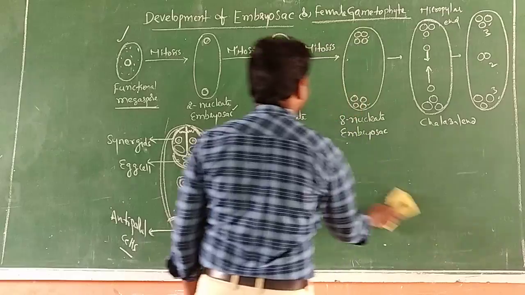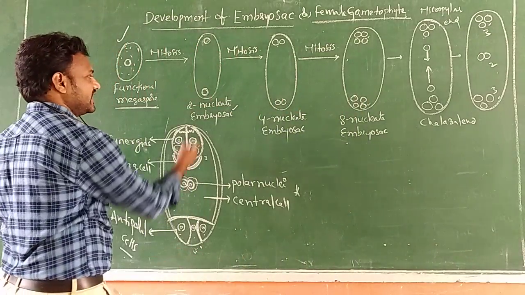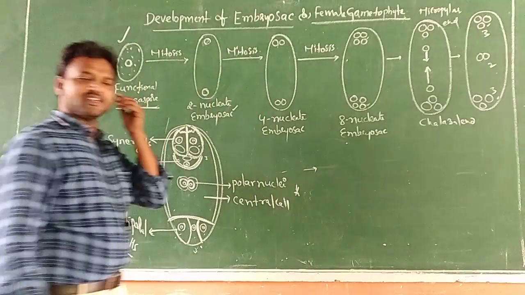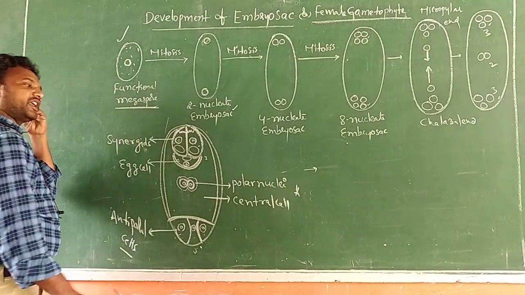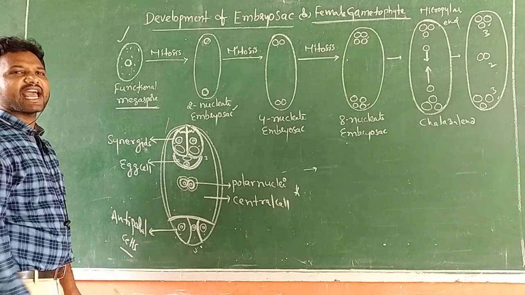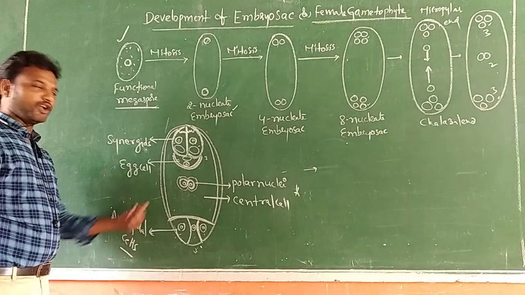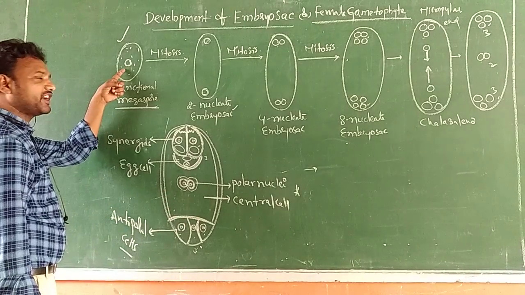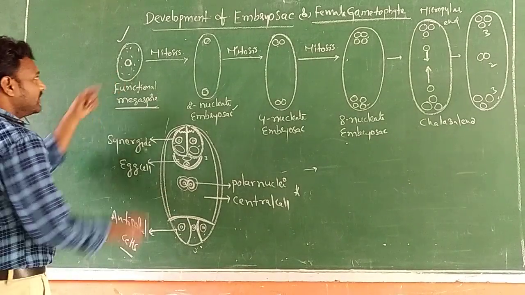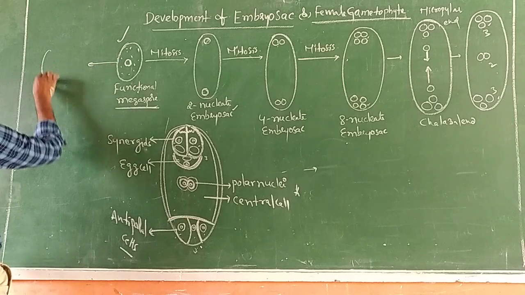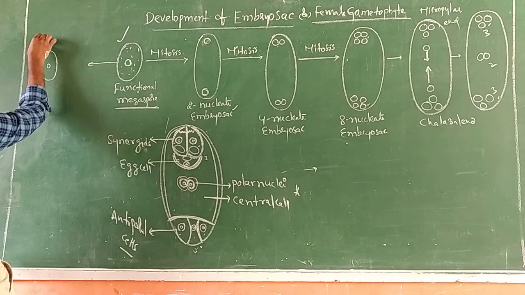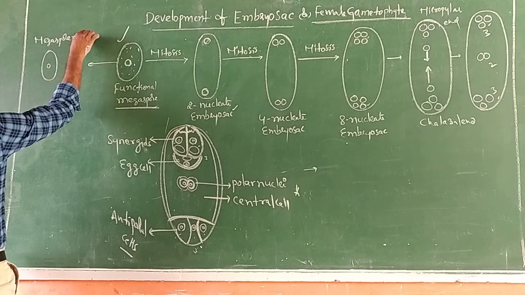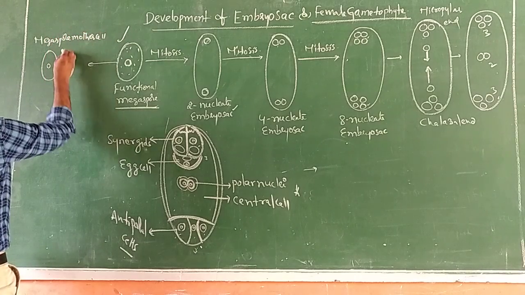And the other very important point you observe here: how many mitotic divisions and how many meiotic divisions are required for the formation of one embryo sac? The embryo sac is developed from a functional megaspore. The functional megaspore is developed from the megaspore mother cell.